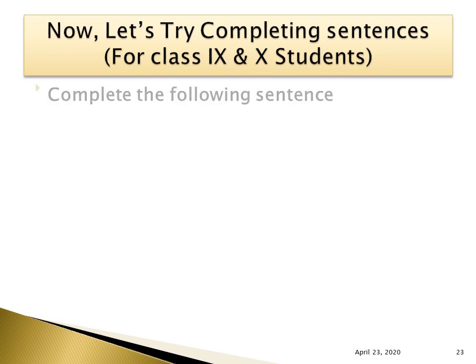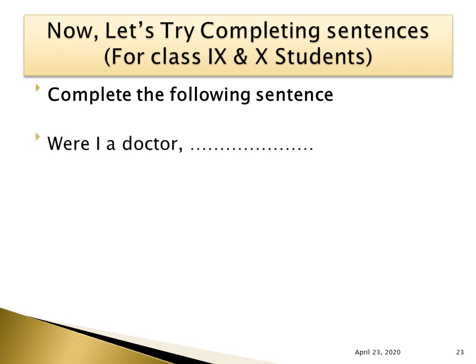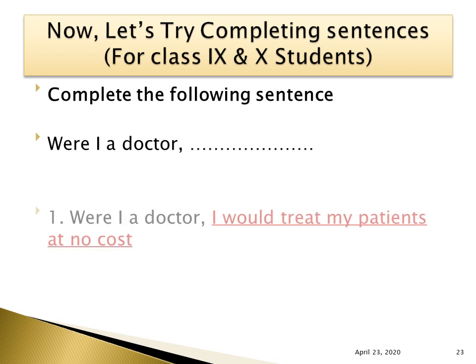Now let's try another one. Completing sentence. Were I a doctor. If you can remember, a conditional sentence with were, it takes us to both second or third condition. So the answer can be, were I a doctor, I would treat my patients at no cost.